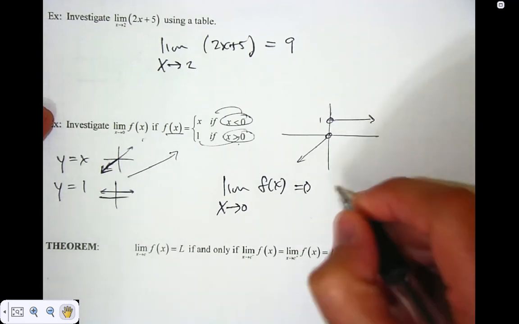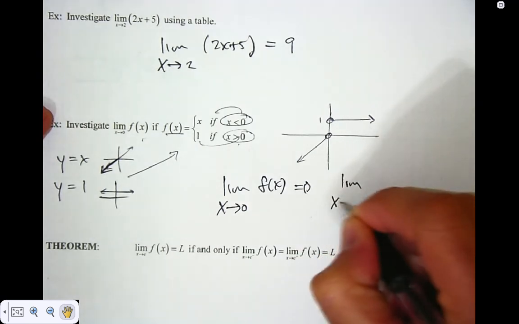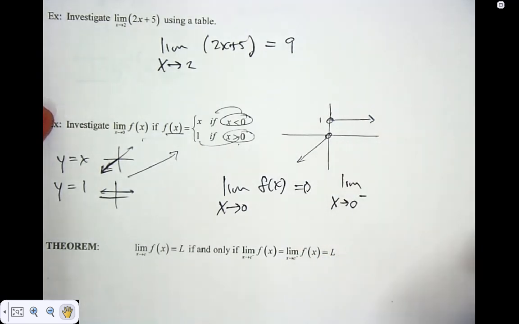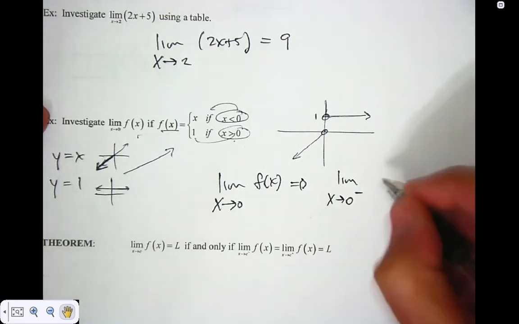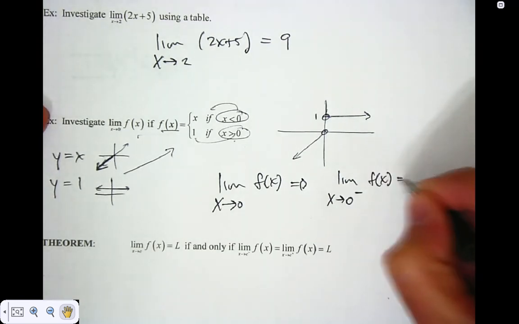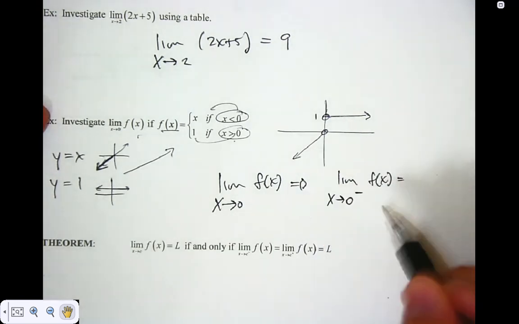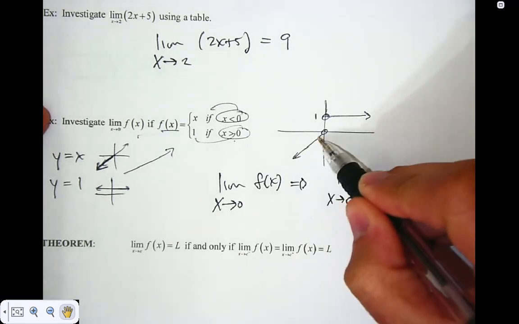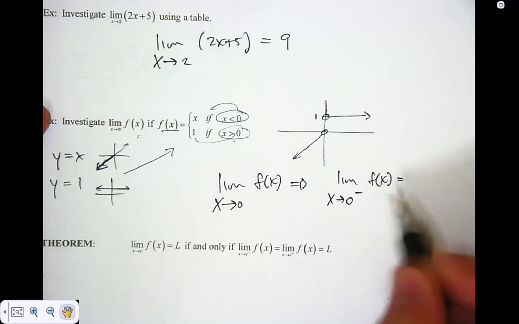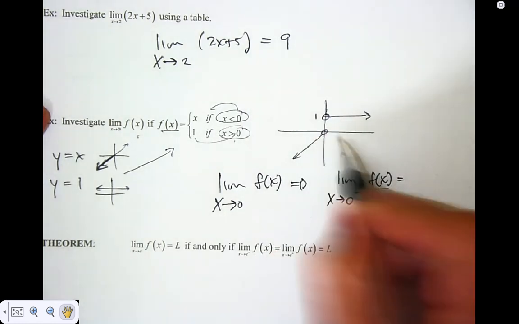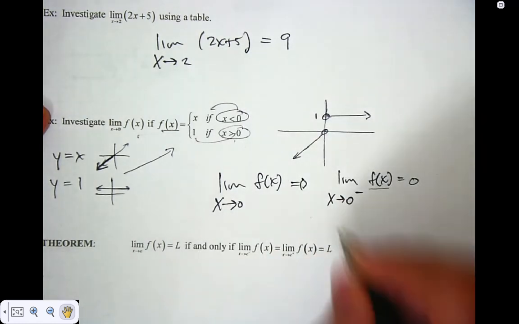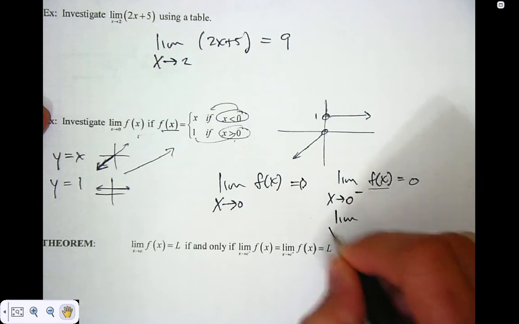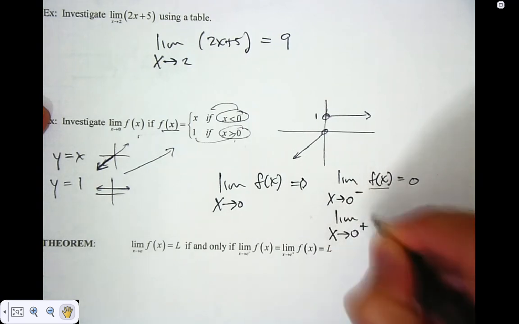I'm going to introduce some new notation here. I want to think about what's the limit as I get close to 0 from the left. That's what that little negative sign means. So you jump on your function and get close to an x value of 0 from the left. I'm coming this way, and it seems like I'm approaching a function value of 0. Similarly, let's do the limit as x gets close to 0 from the right-hand side.